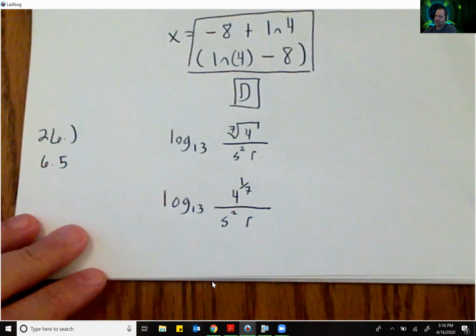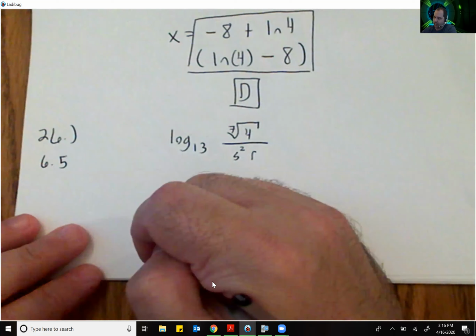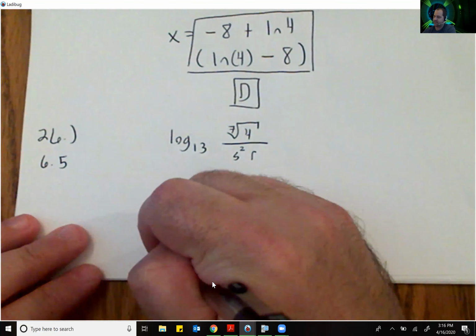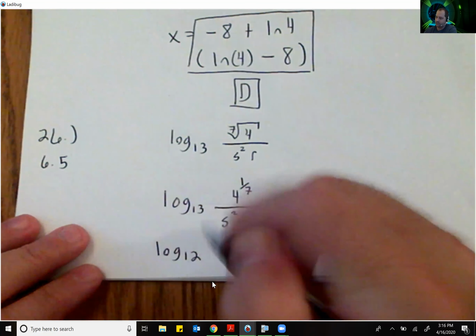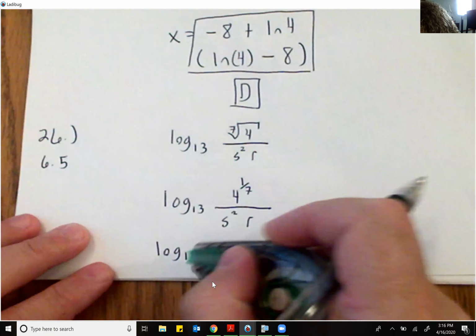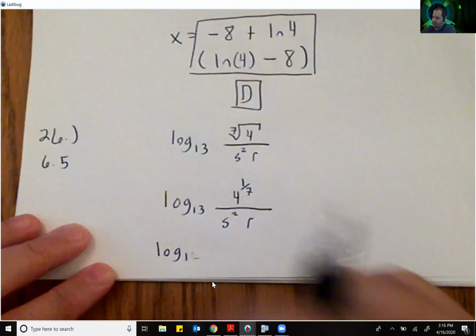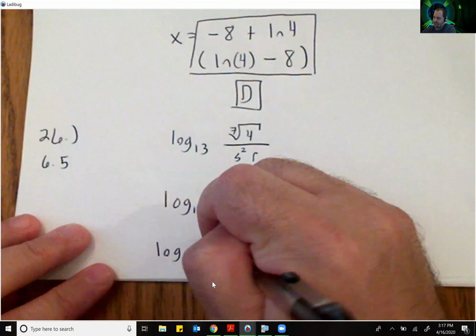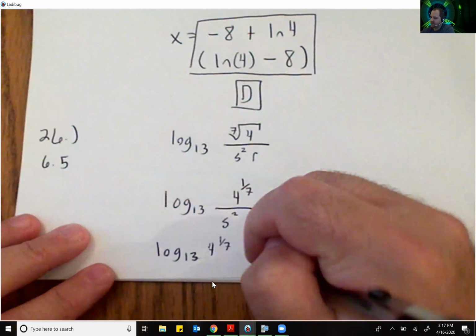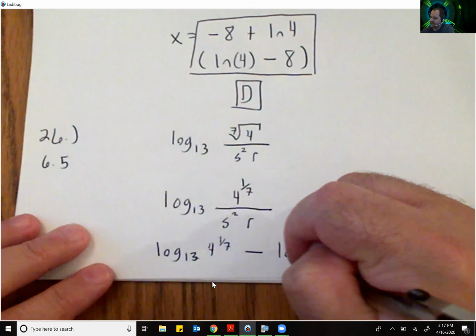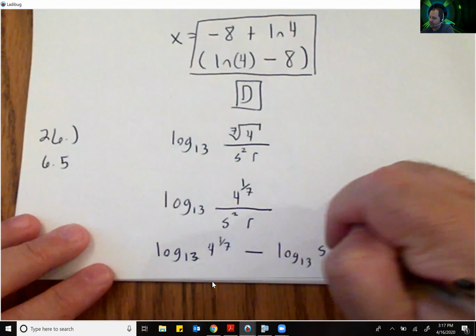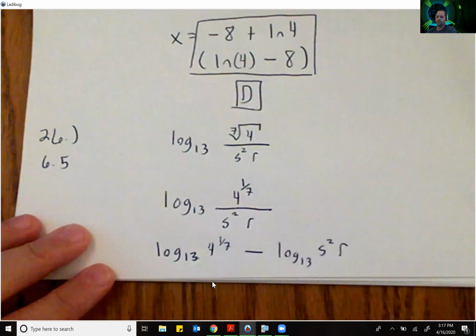So we're going to take care of the division first, and we're going to expand out to log base 13, not 12. Take care of division first. Subtraction. Log base 13 of 4 to the 1/7 minus log base 13 of s squared r. So the division turned into subtraction.